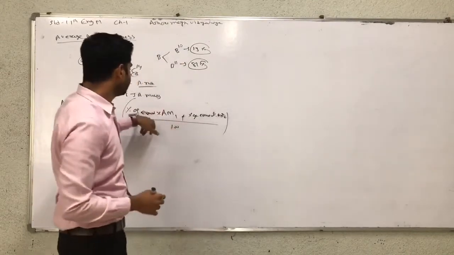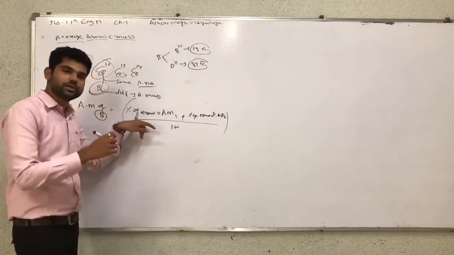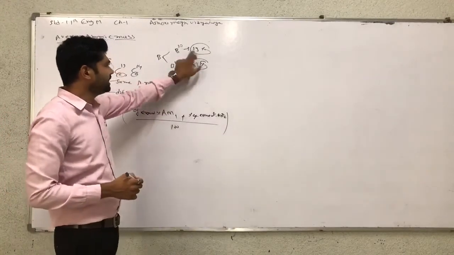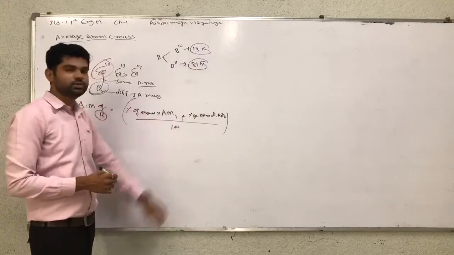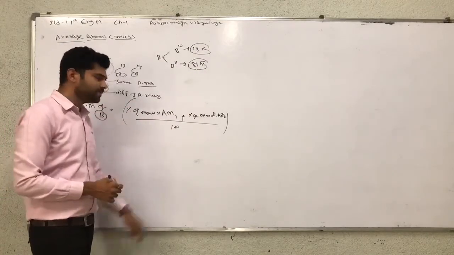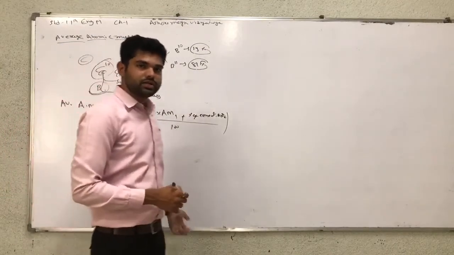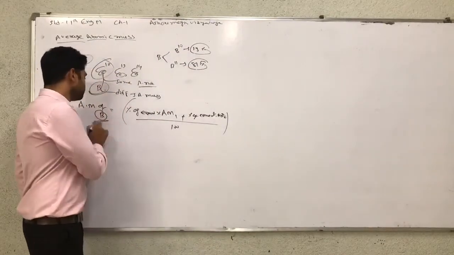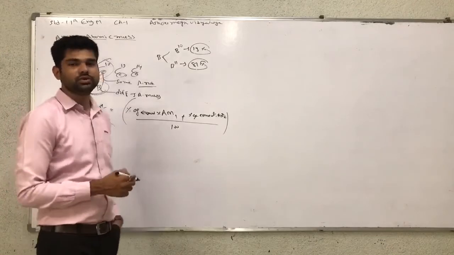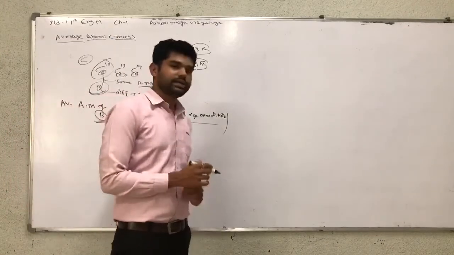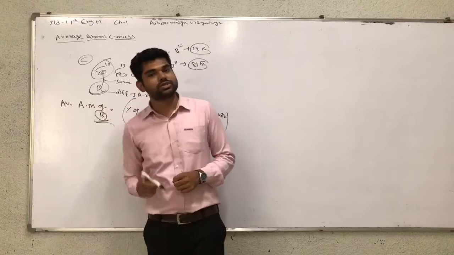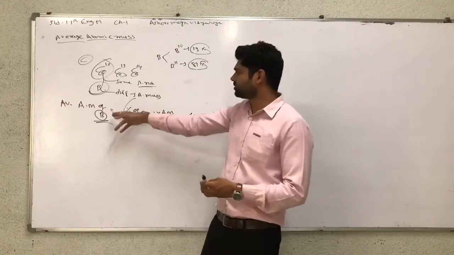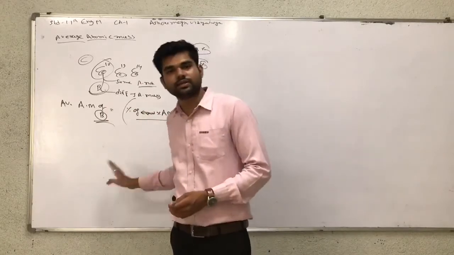So here the equation is percentage of the first isotope times its mass, 10 into 90, plus 81 into 11, divided by 100. So the final answer is 10 point something, the value for boron. In this way we learn how to find average atomic mass by using the isotopes of the element and this equation.